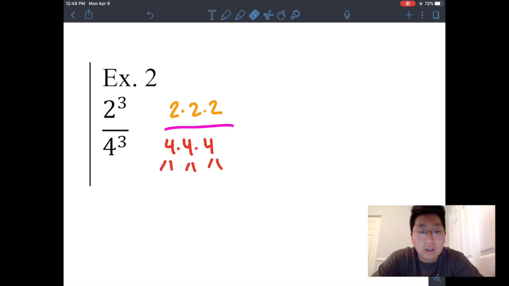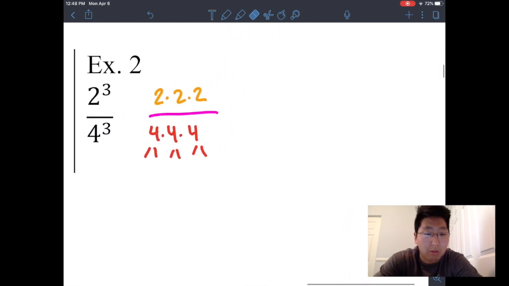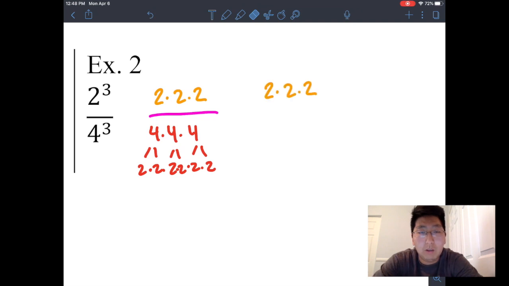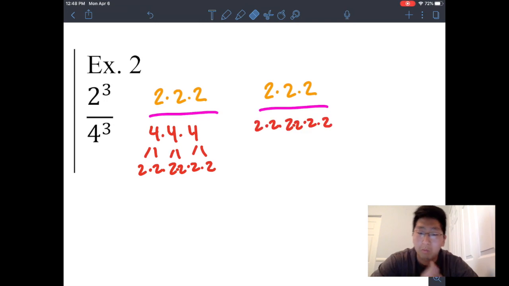So 4 we can write as 2 times 2, 2 times 2, 2 times 2. So I'm going to rewrite this. 2 times 2 times 2 on top, over 2 times 2 times 2 times 2 times 2 times 2. There's 6 of them. And then we're going to create our ones.